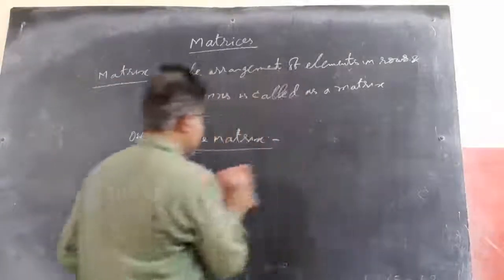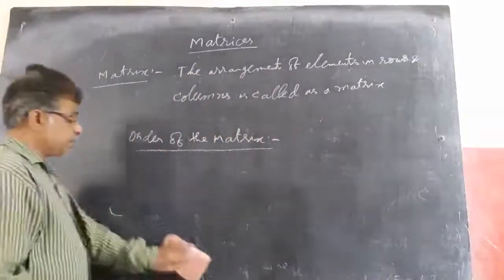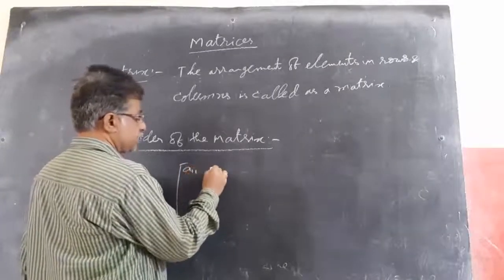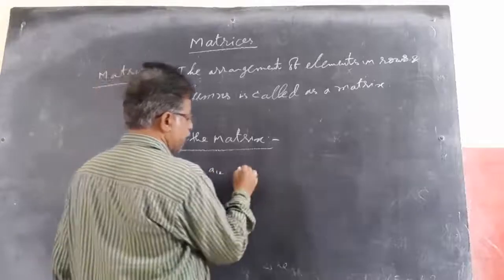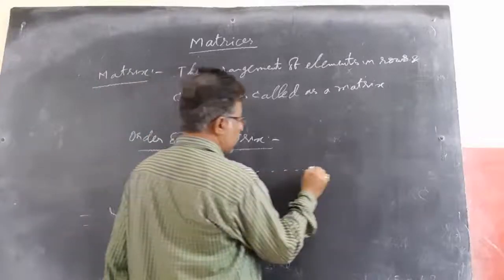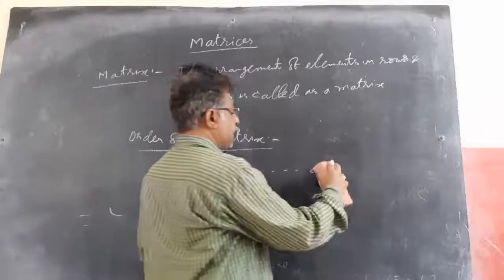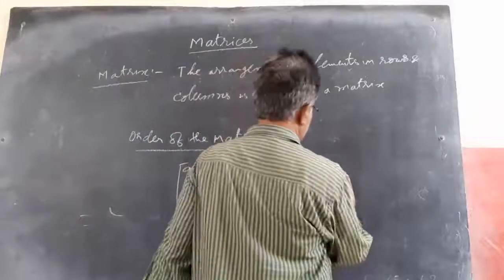For example, I have m rows and n columns. First row, first column element A11, first row, second column A12, A13 and so on, up to A1n, if I have n columns.